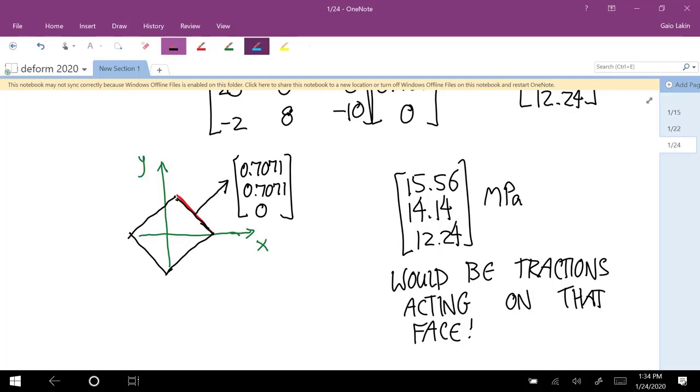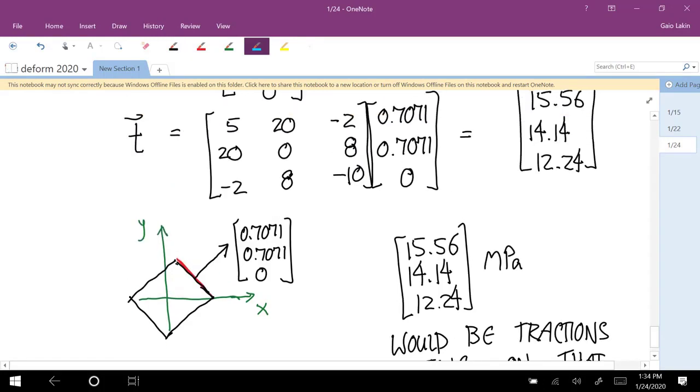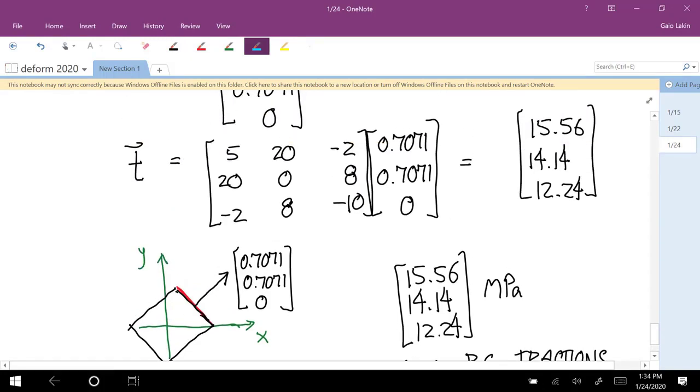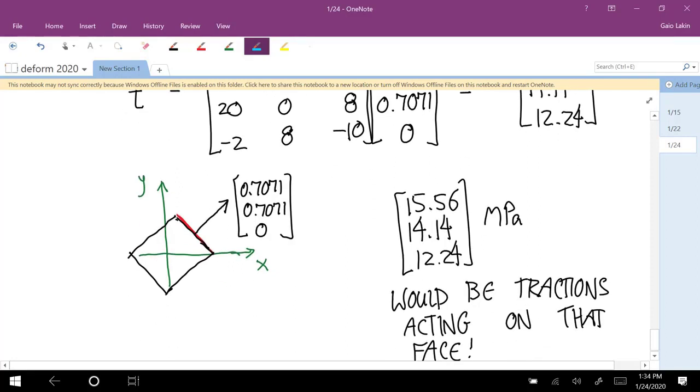Then that material that has this stress tensor the way we do define it would have this traction acting on that inclined surface. Okay. So it's not super clear what the use of that is, but it's kind of amazing that the stress tensor does that. You can see how that might be related in some way to representing a stress in a different coordinate system, right?